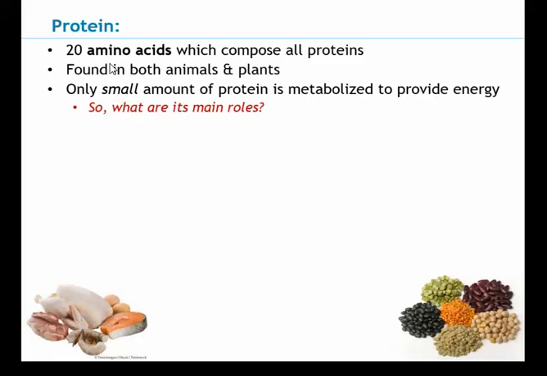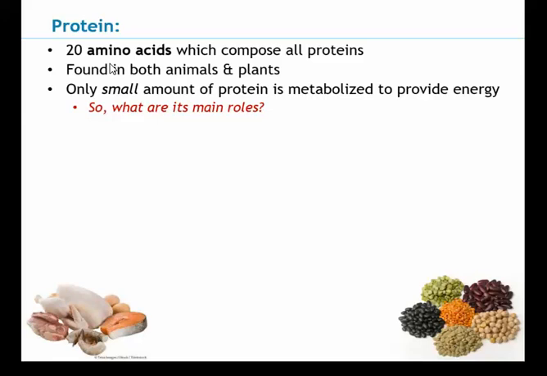So if protein is not really used for energy, then what are protein's main roles? Normally, I would have the class talk about this with your neighbor, and then we would discuss it together. But let me just go over it for you. So what are the roles? Contractile structure in muscle. So protein forms muscle tissue, and we'll learn about that in chapter 4. It's also involved in the growth of muscle and the repair of muscle with damage.